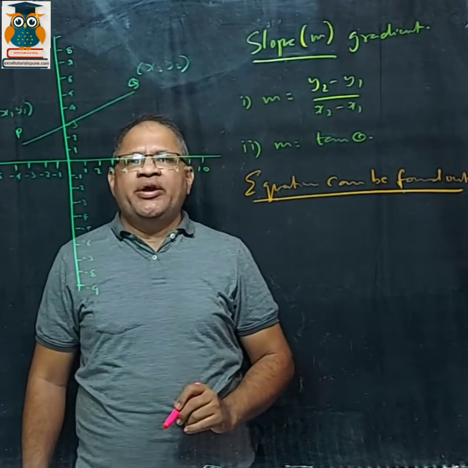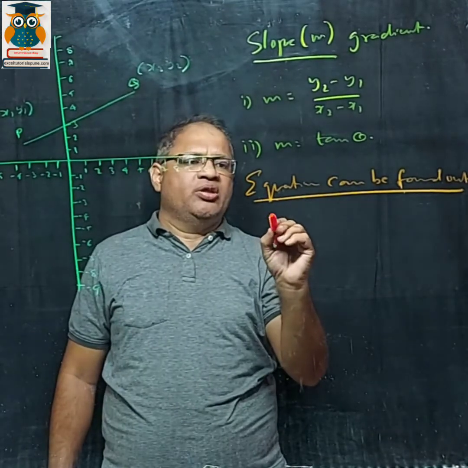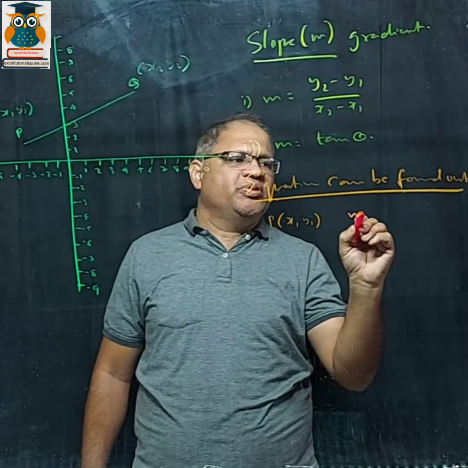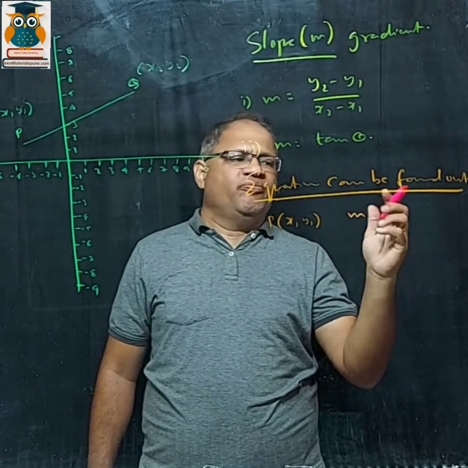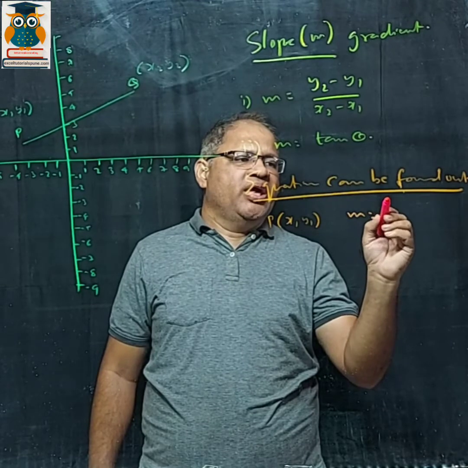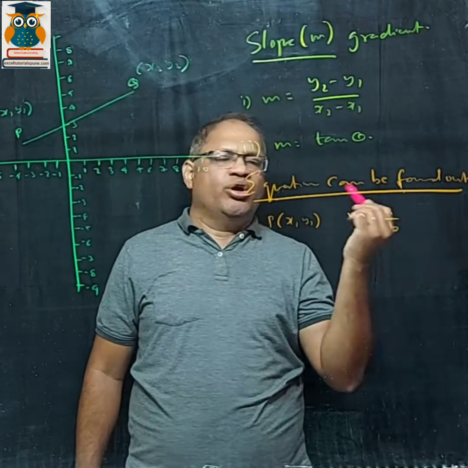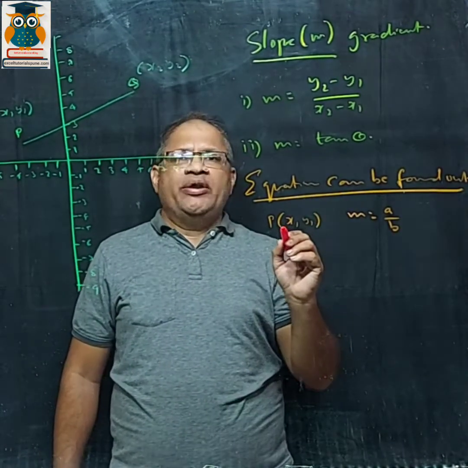One is point slope form. Supposing a point P is given with coordinates x1, y1, and the slope m is given, a upon b or whatever, then you use the point slope form.